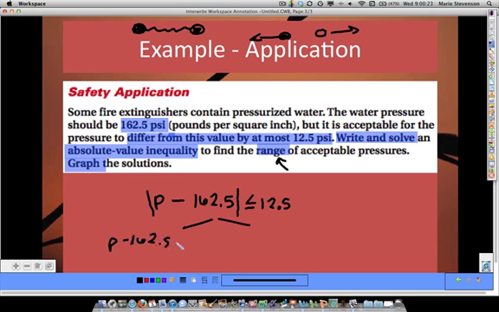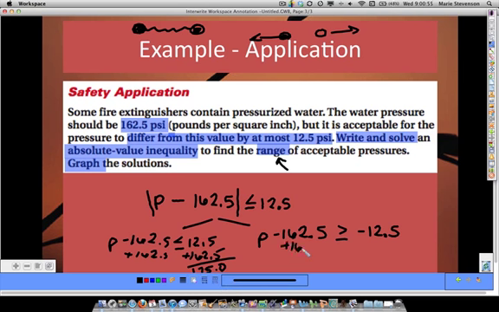Notice I'm going to use the same methods that I've been using. This is going to turn negative, which means I flip my inequality. Notice this is still subtraction. So we're going to add over here. Running out of space here. Carry the 1, that's a 5. 6 plus 1 is 7, looks like 175.